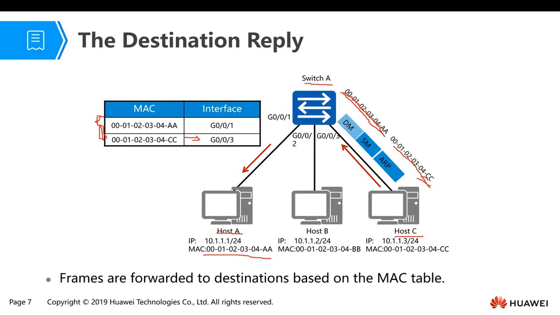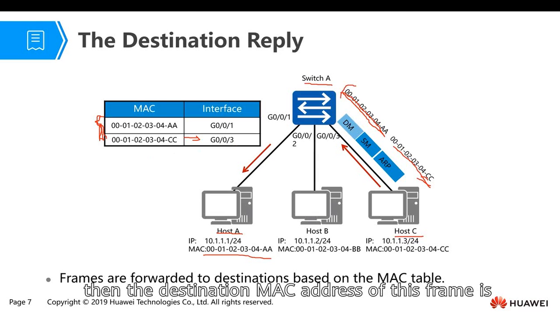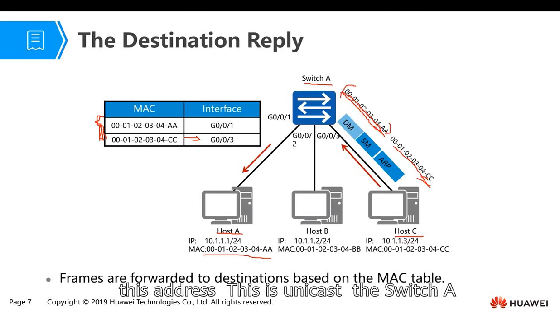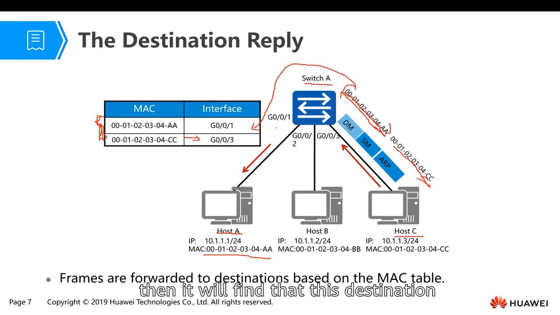Now there are two items in the MAC address table, and the destination MAC address of this frame is host A's address. This is a unicast, so switch A looks up this address in the MAC address table and finds that this MAC address is connected to gigabit 001.